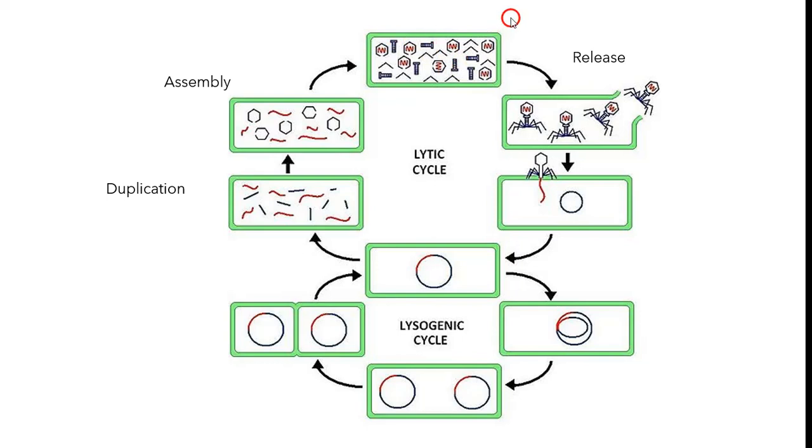But then maturity has to occur. Why? Because it's got to make its sheath and its tail fibers. And so then it has to create the entire bacteriophage, and then it's going to release. And by all releasing methods here, it's always going to be lytic and burst open its bacterial host.